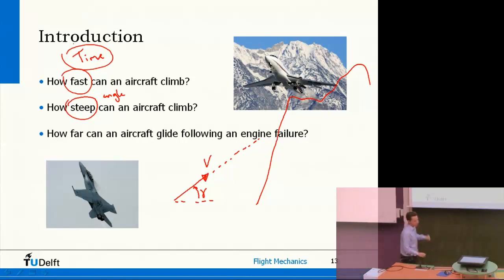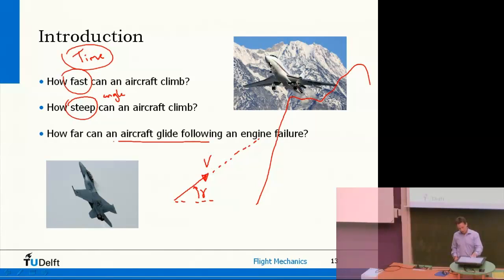So those are different things. Now similarly, gliding following an engine failure, that's also about the angle usually, because if you go down, then this basically tells you if you'll be able to reach the runway or not, if you don't have power left.